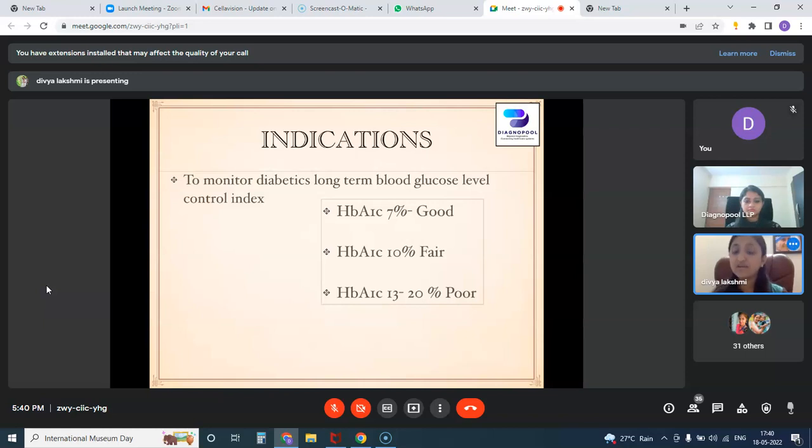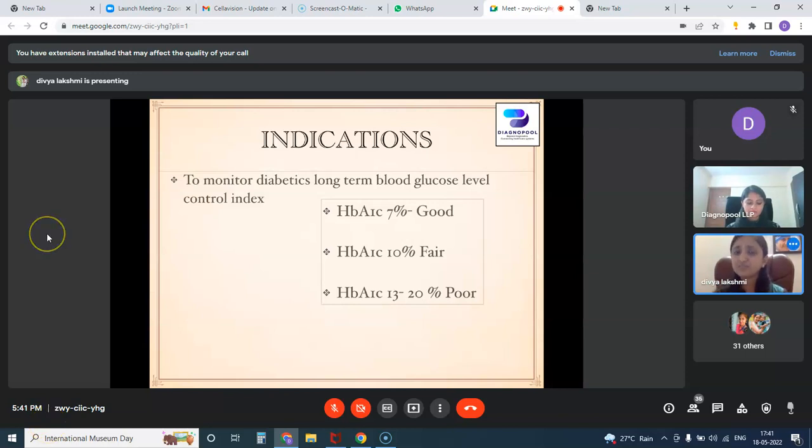If it is about 13%, the individual is having very, very poor control over his blood sugar. He is at risk of getting macrovascular complications. If it is 10%, he is at risk of getting microvascular complications. That is, they are about to get damage to the kidney or eyes. If it is a macrovascular complication, if the HbA1c is very high, it means that there are chances of blood clotting, like it can affect the heart or the major organs. So HbA1c is very important.